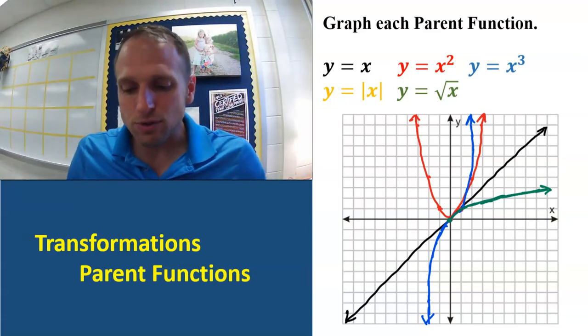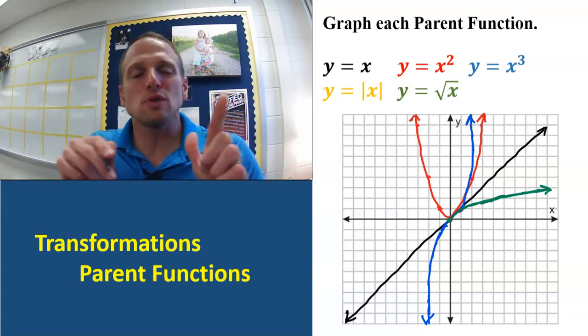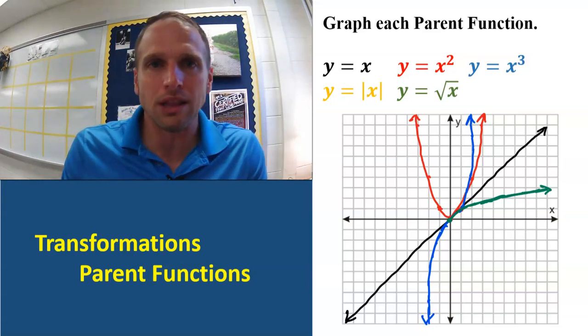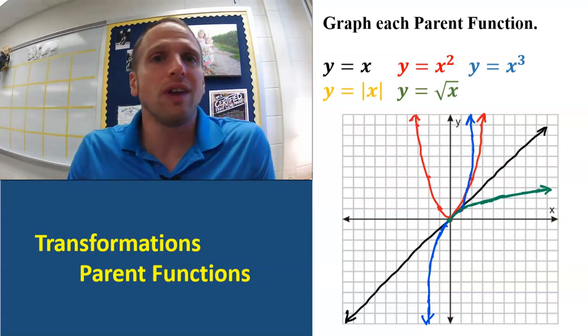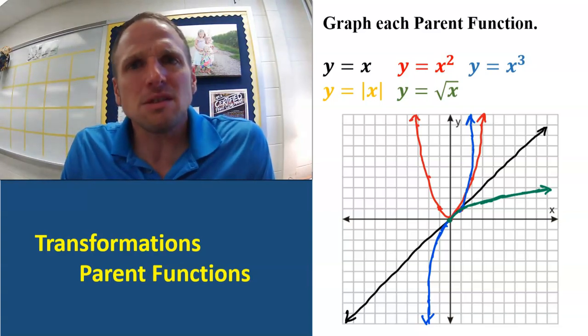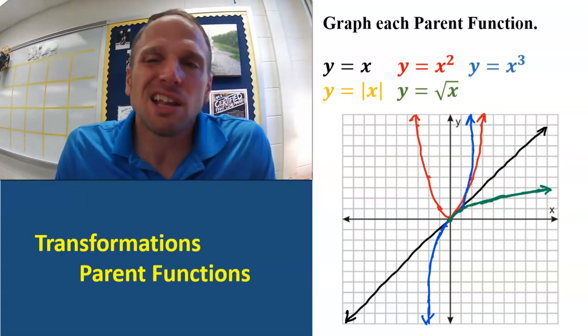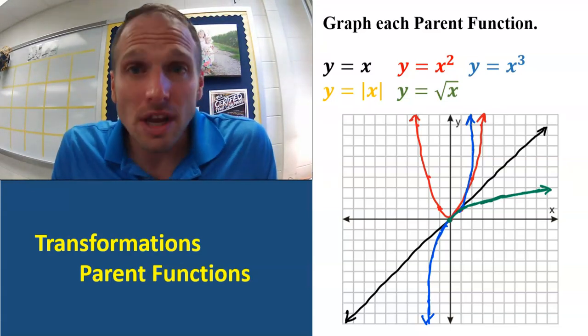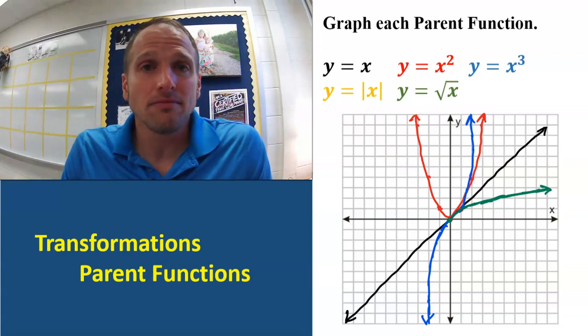Y equals absolute value of x. Now this is fun. Absolute value, what are the initials? If we were to abbreviate absolute value, because I don't want to write this out every time, I would probably abbreviate it as AV. Would that make sense? Okay, so let's just abbreviate absolute value as AV. Guess what shape an absolute value graph has?